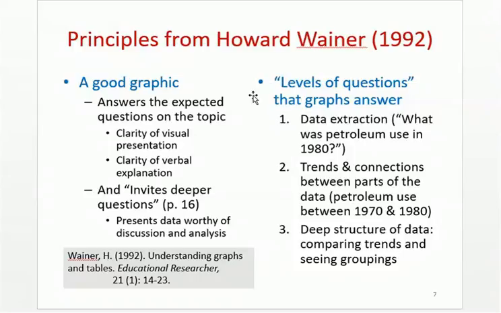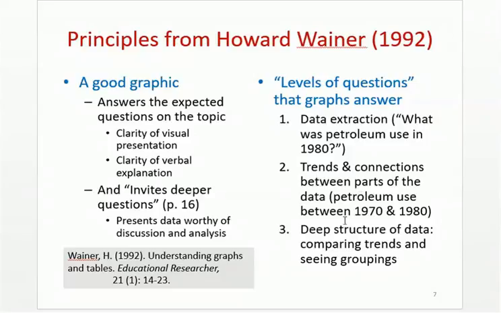Other things that this covered were 3 levels of questions that graphs can answer, graded from simplest, number 1, to the more complex, deep, and insightful in level 3. The simplest form of information would be just extracting data. It just answers what exists, what the data was. The next level goes beyond that and offers a little bit more of trends or connections.